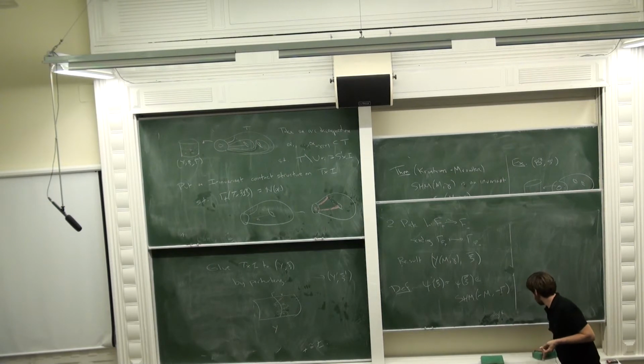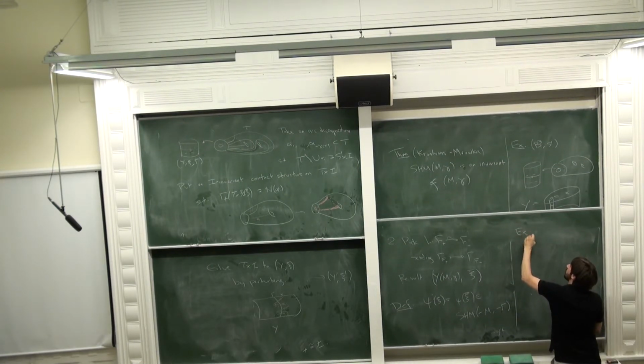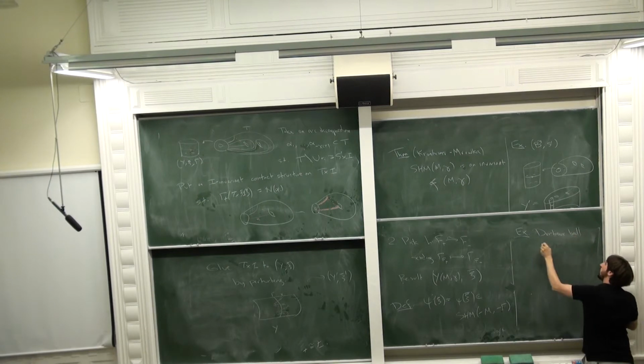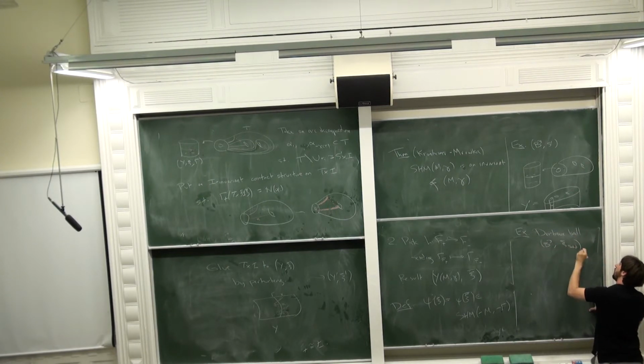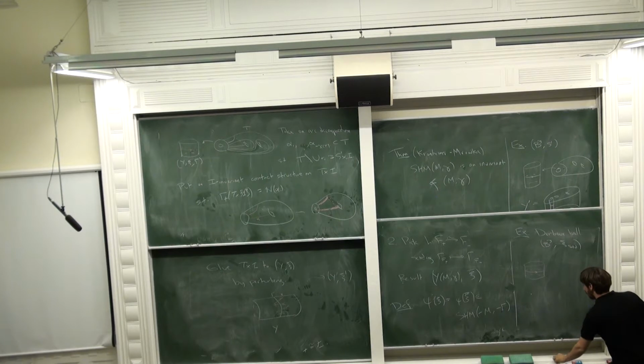I don't have much time to address the invariance, but let's work out the standard 3 ball again, except now it has a contact structure, so we'll call it a Darboux ball, the standard tight contact structure on the 3-ball. We can draw it the same way as before. It has a single dividing curve on its boundary.